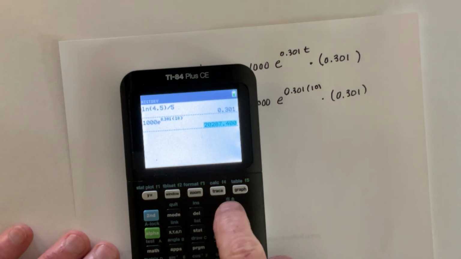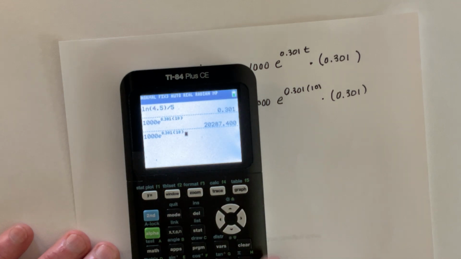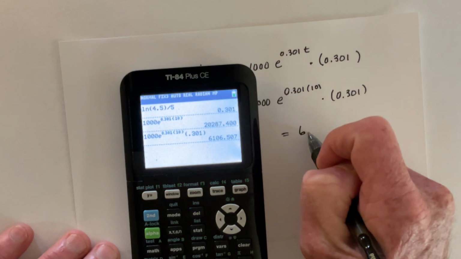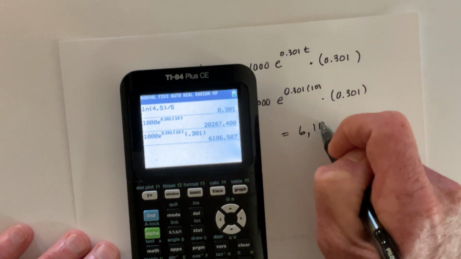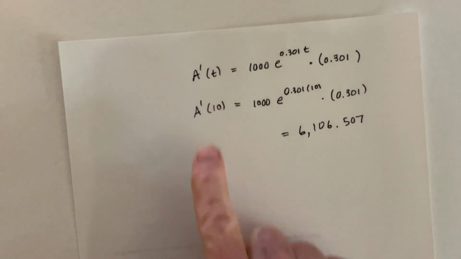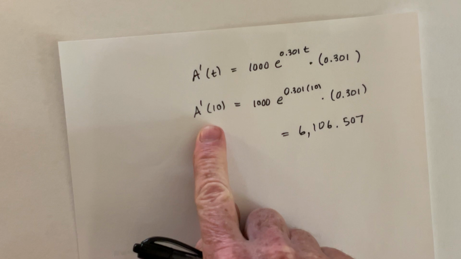So what I could do is just screen grab that and say then multiply by a 0.301. And then that gives us the number 6,106.507. And because this is the derivative, that means how fast the town is changing.